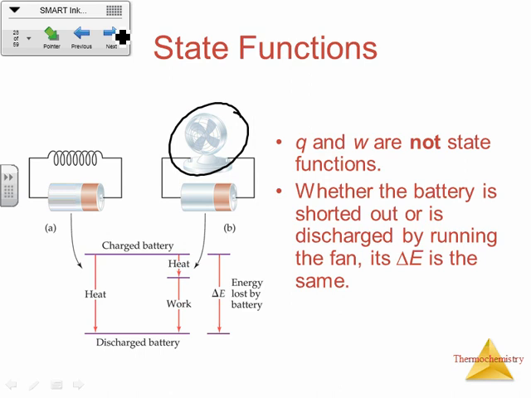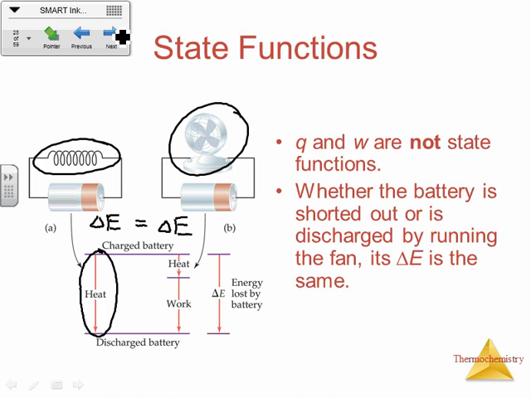Now, the energy change for both of these batteries is exactly the same. The total overall energy change for both of these is exactly the same, okay? Because it's the same type of battery with the same beginning amount of energy and the same ending amount of energy. Now, the path that you take to get there does matter for Q and W, okay? In the short circuit example, when you're shorting out the battery, all of that energy gets lost to heat, okay?